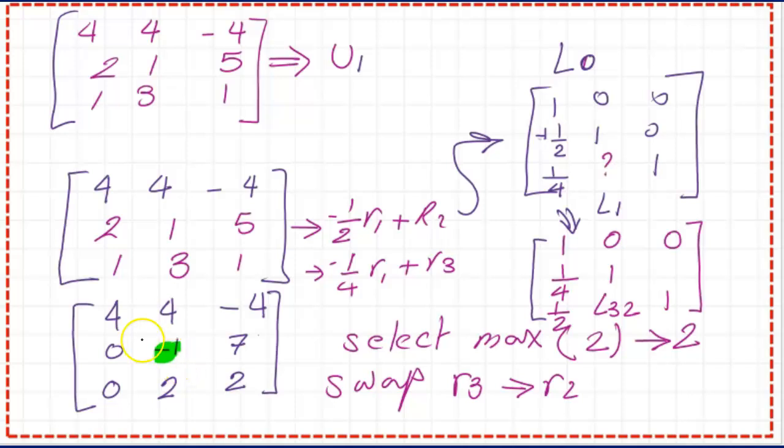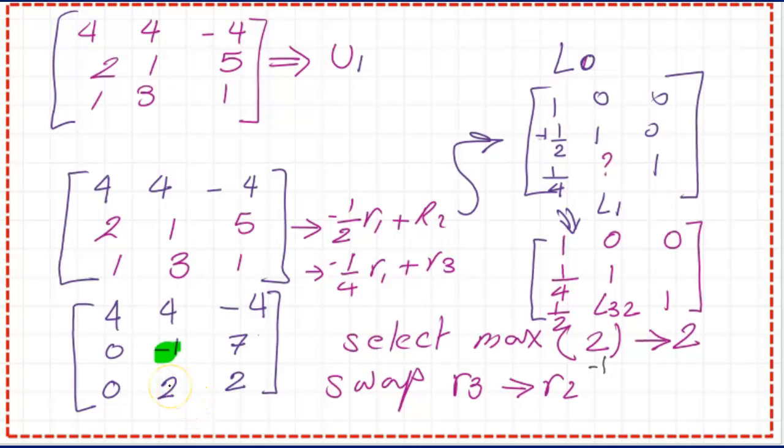Now we want to proceed to an upper matrix, so we need this element to become 0. But based on partial pivoting, we have to check whether A sub 2,2 or A sub 3,2 is the maximum value. So we select the maximum of 2 and minus 1 in order to decide whether we are going to swap or not.